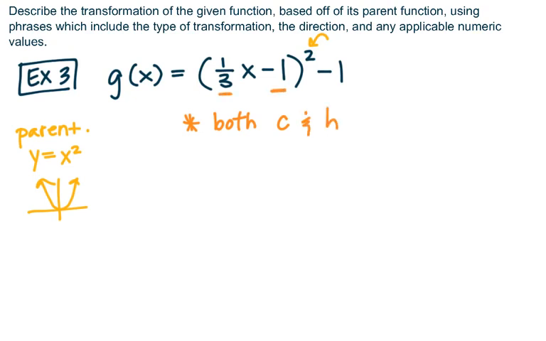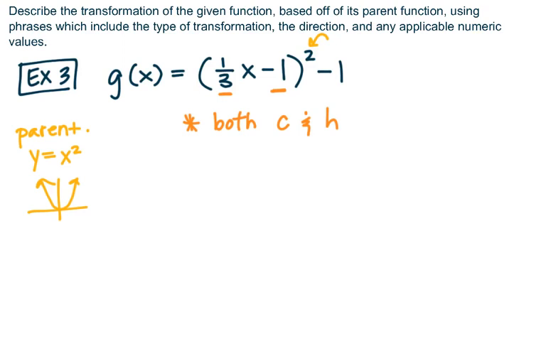So we have two values inside the parentheses. And when these happen in conjunction, we need to do a slight manipulation before we determine what my horizontal shrinking or stretching will be, as well as my horizontal shift. Obviously, this minus 1 here, that lets us know because it's added on the outside that the graph's going to be shifting down 1 unit.